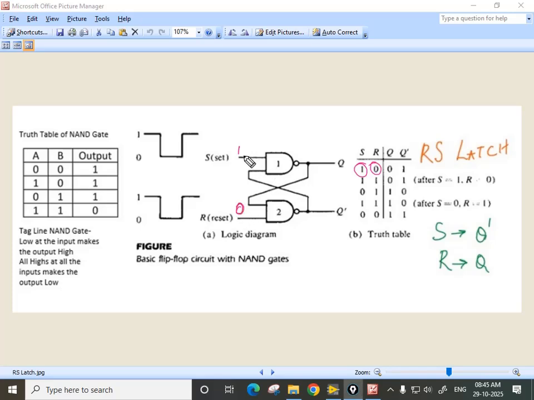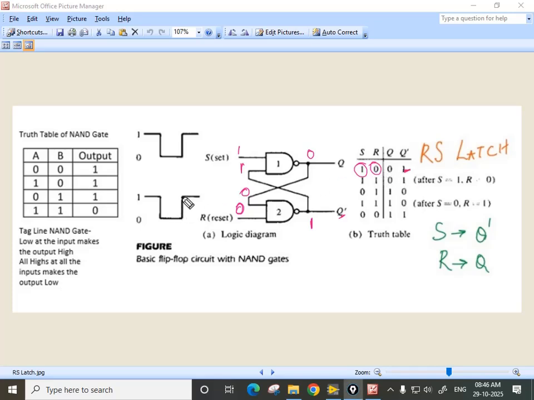When S is equal to 1, we don't have both ones, so we cannot say anything yet about that gate, but a 0 at the input makes the output high. So the output gets high. This 1 comes over here as feedback, and both inputs high make the output low, so this becomes low and is fed back over here. 0 0 combining make the output high. So in this condition, Q dash gets high.